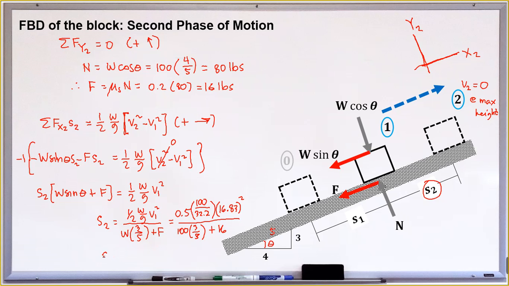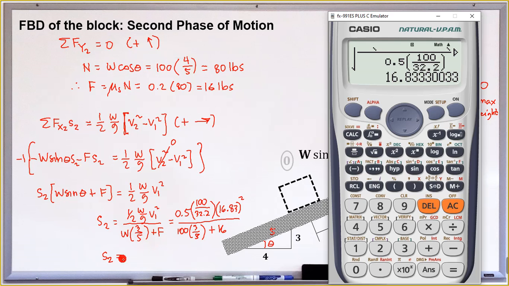So pila man ato ang S2. So we have here 0.5 times 100 divided by 32.2. Then we have 16.83 squared. And then 100 times 3/5 plus 16.